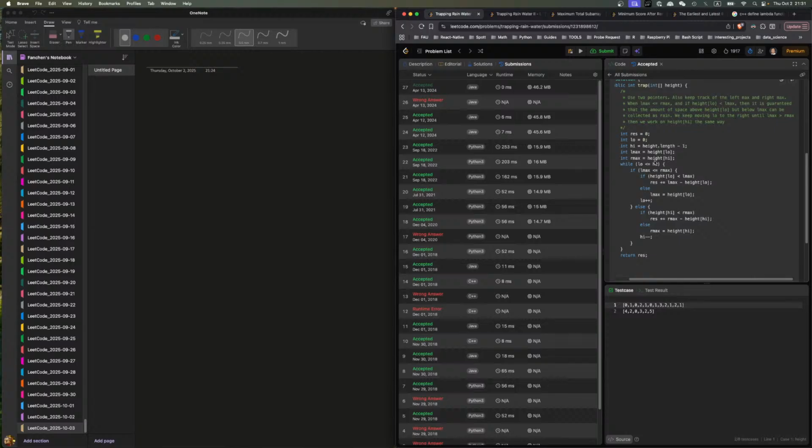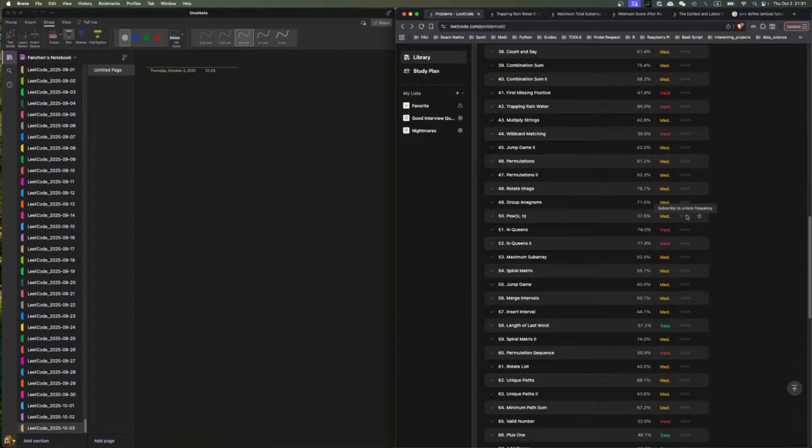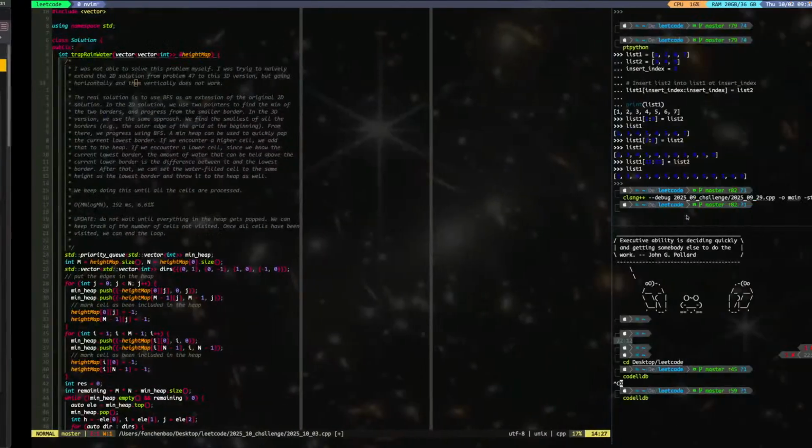If left max is smaller or equal to right max, we'll move on the left, right? So if this is smaller, then we'll add the extra. Otherwise, we will update the left max. Otherwise, we'll go on the right hand side. Okay. All right, so I think this is making things clearer.